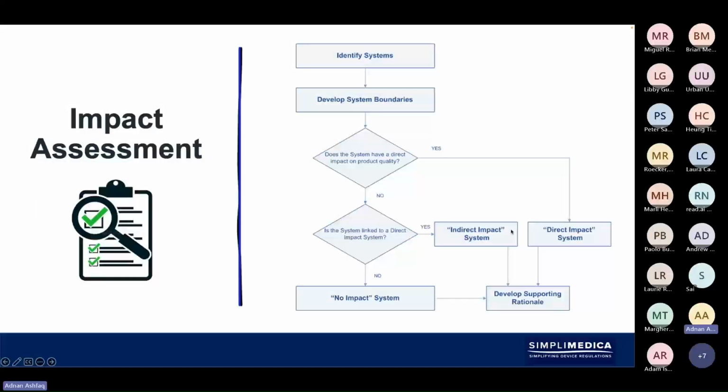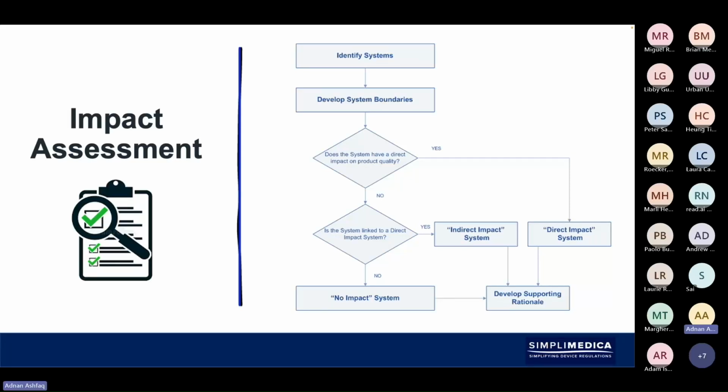So the impact assessment that I talked about earlier on, for some reason this should have been earlier on, this is looking at identifying the system and then developing system boundaries. Does the system have a direct impact on product quality? Yes or no? So if it has a direct impact on product quality, we would define this, and this is a definition from GAMP, in fact, it would be a direct impact system.